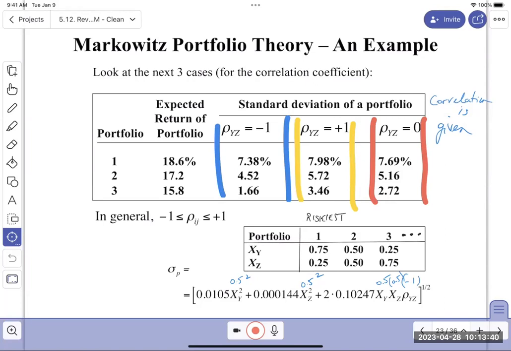But 0.5 squared times 0.015 times, plus 0.000144 times 0.5 squared plus 2. It's not going to work. I have to do it in steps.